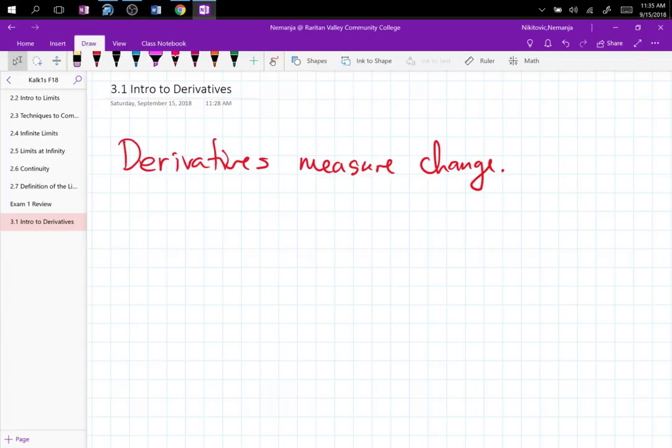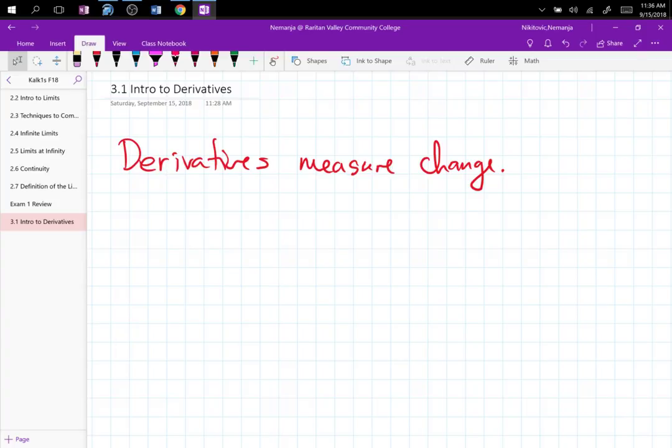Now, we also know that in algebra, we measure change by using the slope of the linear line. So this is where our story begins. It's actually 2.1. We draw a line, a linear line, and we learn about its slope.